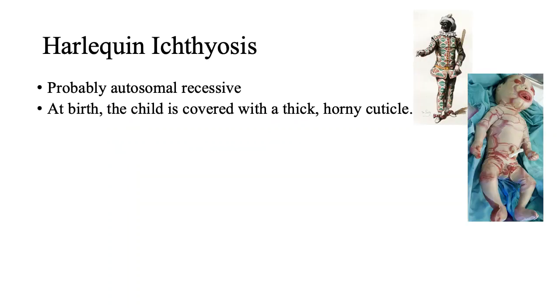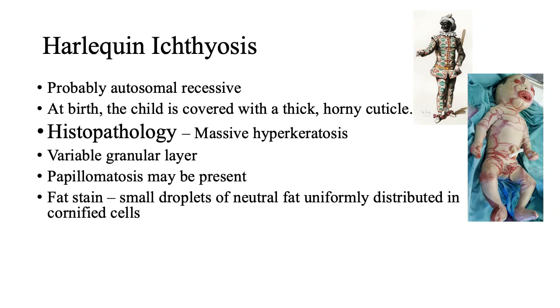Harlequin ichthyosis is categorized as a minor variant of ichthyosis. A harlequin is a clown character always dressed in a checkered pattern, and the affected baby at birth is covered with a thick horny cuticle, giving a similar appearance. In histosection, the skin shows massive hyperkeratosis.